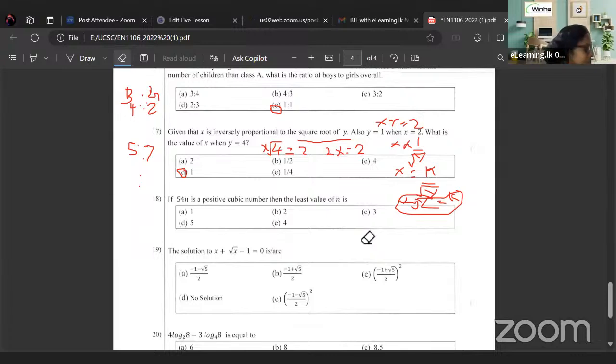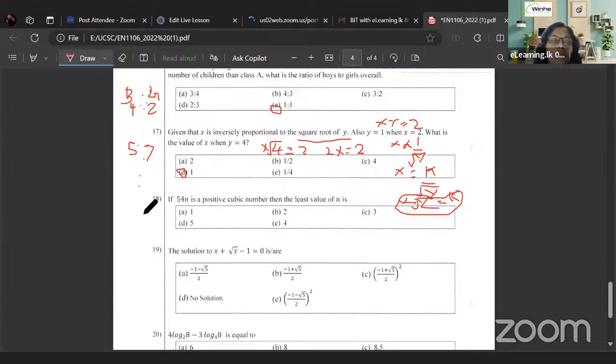If you multiply 54 by 1, 54 is the answer.